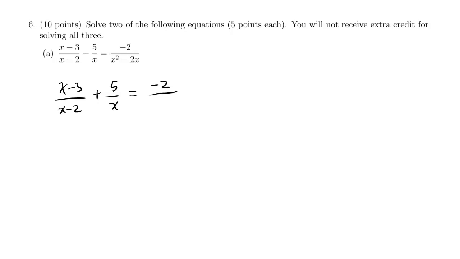This is negative 2x minus 2 times x. And you see that if you multiply the entire thing by x minus 2, then this is going to go away because they're going to be canceled. This times this will cancel the x minus 2, so that denominator will go away. This times this one, when you cancel the x's, that x denominator will go away.